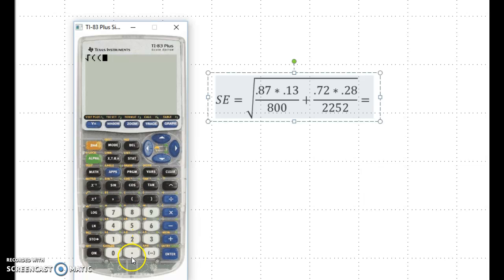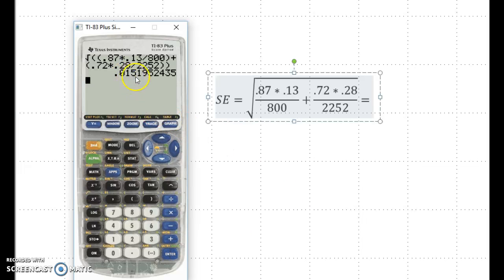So I put in, okay, so 0.87 times 0.13 divided by 800. And then I close the parenthesis, and then I add, and then I put in another parenthesis, 0.72 times 0.28 divided by 2252. I close the parenthesis for this term, and then I close the parenthesis once more because I'm taking the square root of all that. So there's my standard error.